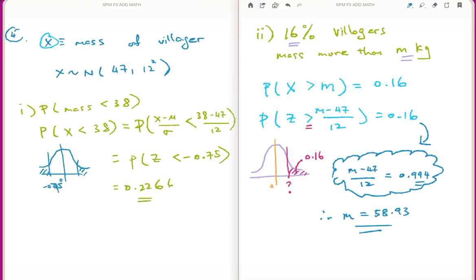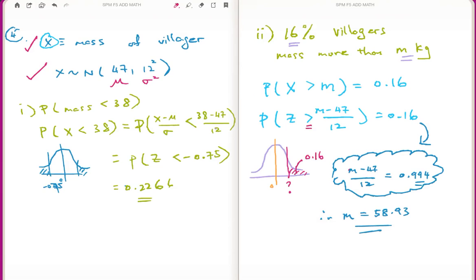Second part of it, normal distribution. First of all, I showed you how to read the logbook. Then the second part was how to solve questions. It's always important that you start out with the definition of x. Then what is the standard equation, with the mu and the variance.